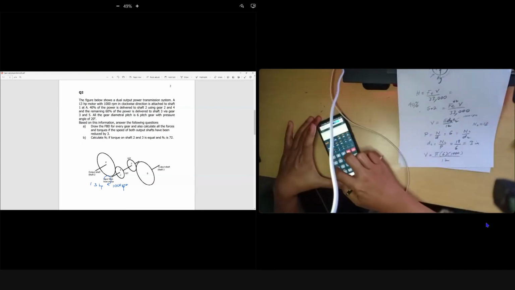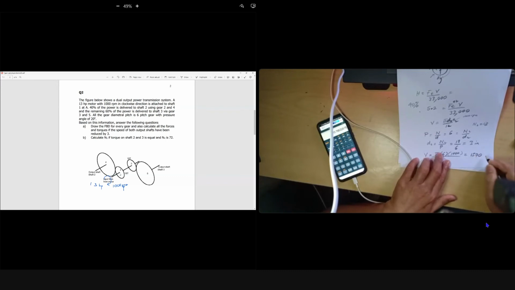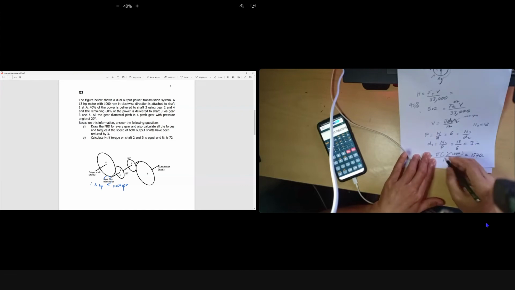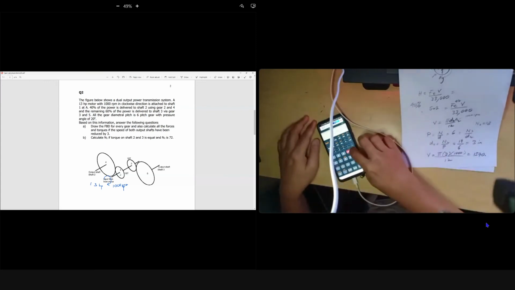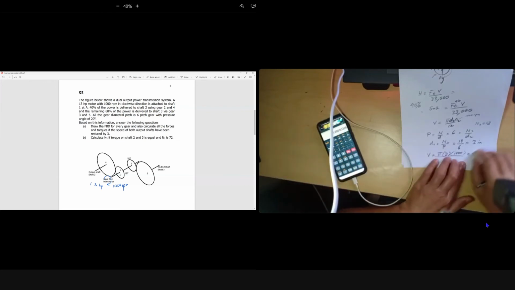V is pi times 3 times 1000 divided by 12. So we get 785.4 feet per minute.